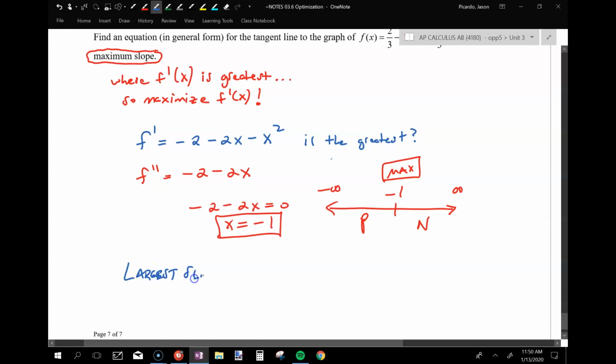The largest slope occurs at x equals -1. Okay, so now I want to know what is the largest slope? Plug it back into what? The original or the derivative now? Into the derivative, because I want to know what the biggest tangent is.